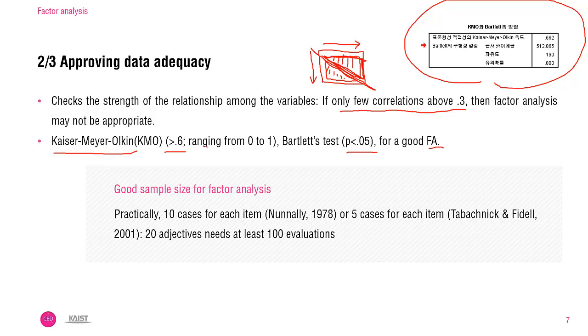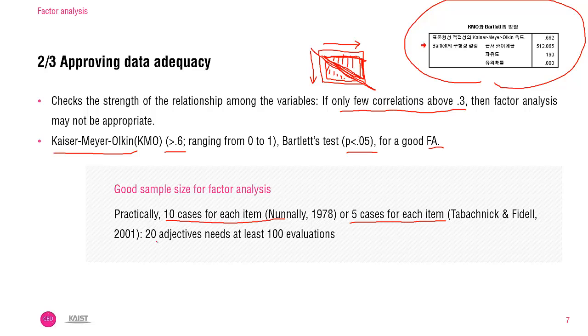And if you have larger samples, then it's more possible that you will pass the adequacy test. Now, how big should the sample size be? Practically, 10 cases for each item, but more loosely, 5 cases for each item.